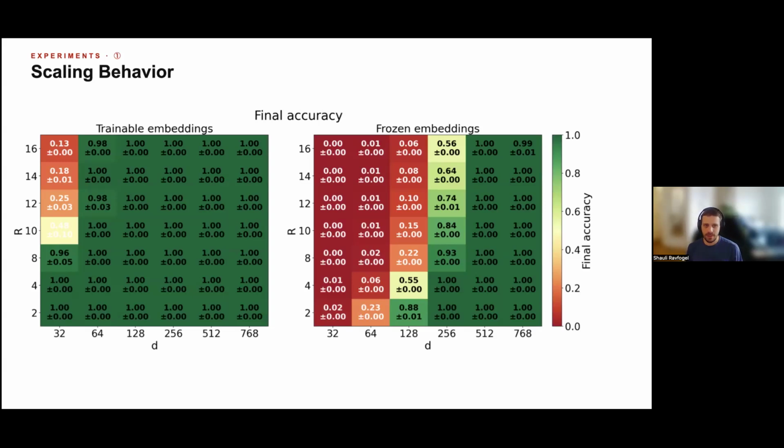On the left we have our setting with trainable embeddings, and on the right we have the original setting with frozen embeddings. And you can see that the trainable embedding solution is much more efficient. The numbers are the final accuracy of a transformer trained with this particular data. And we can see that with trainable embeddings, once D is large enough, we almost always get perfect accuracy, while the model with frozen embeddings needs much higher dimensionality in order to store all the information.